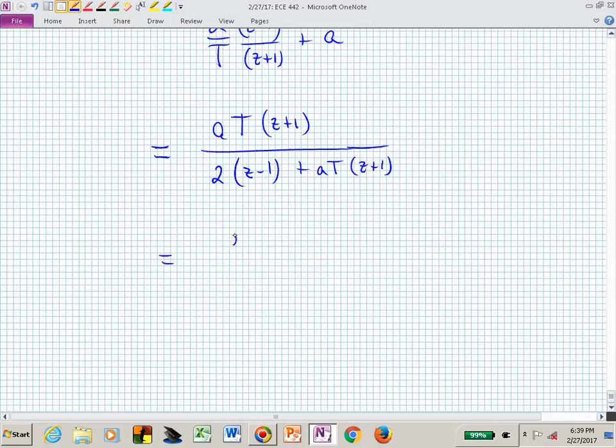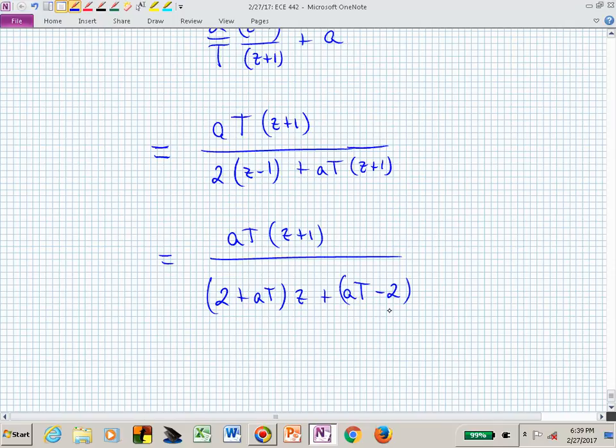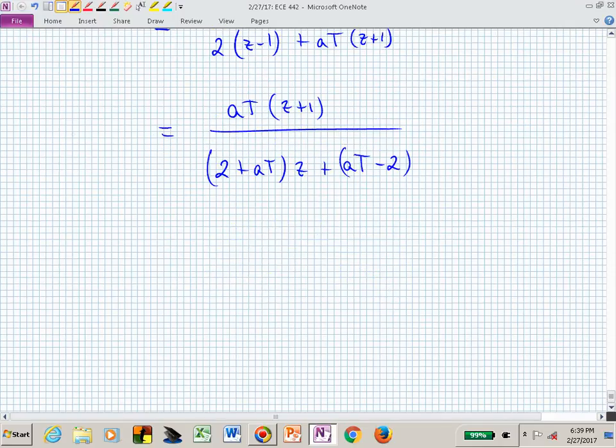Combining our terms that are weighting the z, we have 2 plus at z plus at minus 2. And that's now our h of the trapezoid rule of z.